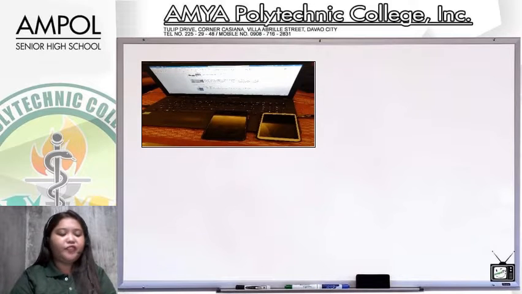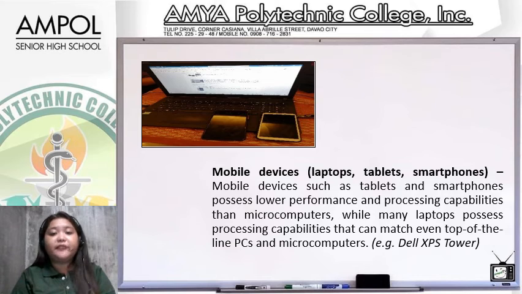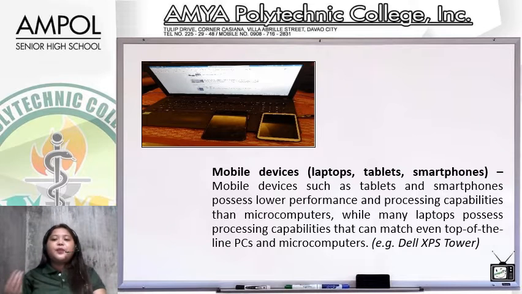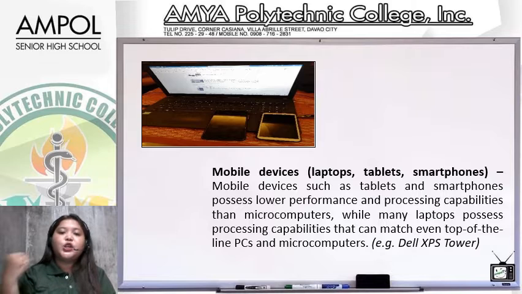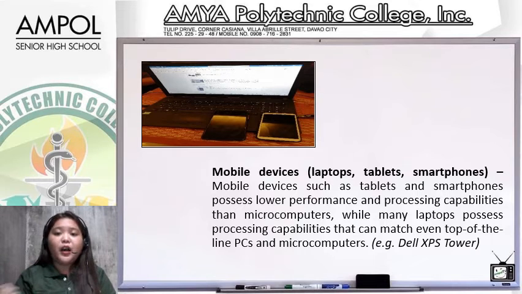The fifth one is the mobile devices. These are the laptops, tablets, and smartphones. What we are using right now in making this video is a laptop, which is also included as a mobile device, and the phones we are using are also mobile devices.